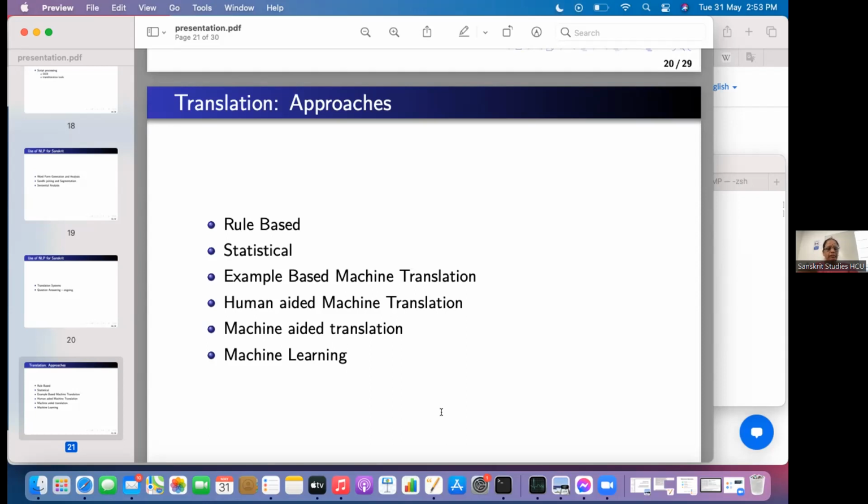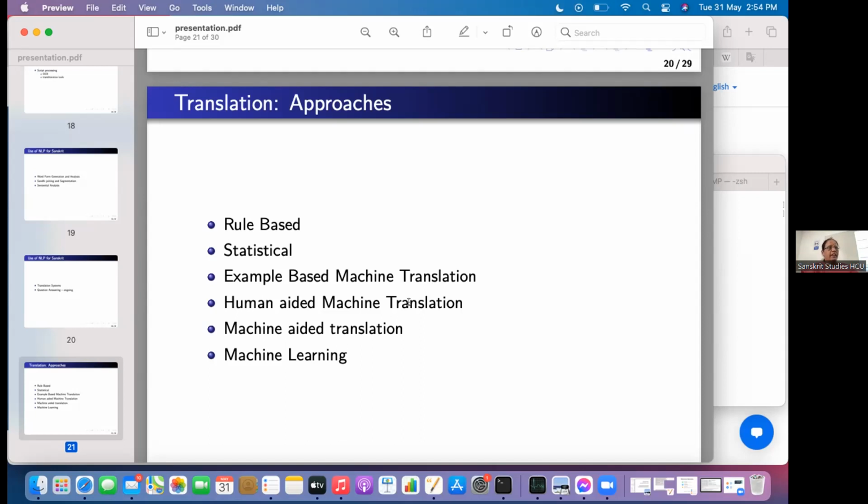Then there were example-based machine translations where machines were taught certain examples, and using these examples, machine would learn and then would try to translate a new sentence. There were human-aided machine translation where machine would analyze the source language and the human being will choose the correct analysis, and then machine will further translate it into another language.